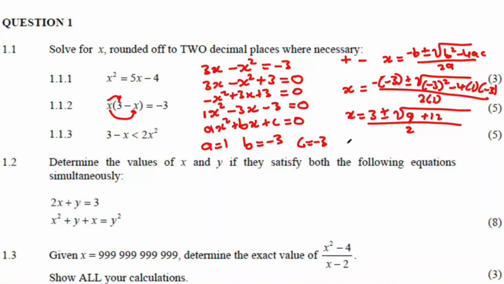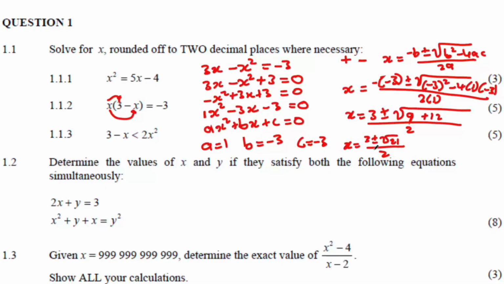So we can say x is equal to 3 plus or minus square root of. So 9 plus 12, which will give me what? 21, right? Am I right? I think I'm right. 21 divided by 2. There we go. So this is your answer for solve for x.